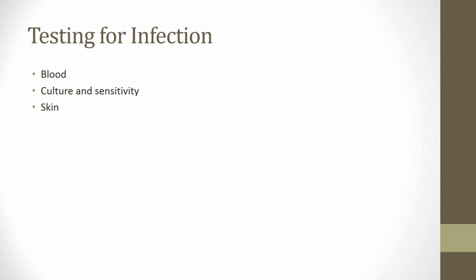So the size of induration for different categories of population is constantly changing, but currently 15 millimeters is for people who do not have any potential for exposure to TB, 10 is for healthcare workers, 5 for immunocompromised people with HIV. There are many other types of testing for the infections, but I wanted to summarize these three major types.